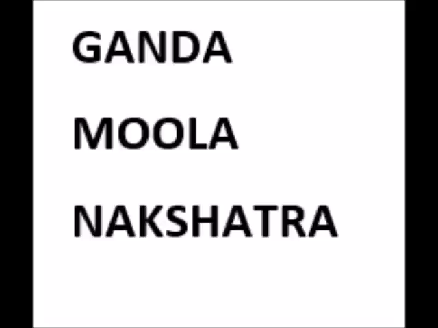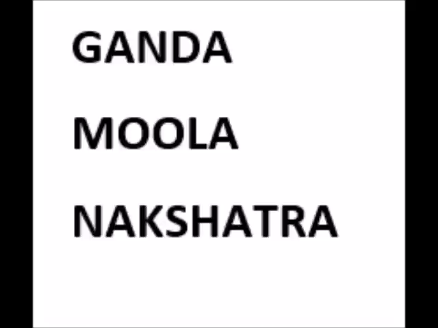Now, many scholars believe that the Ganda Moola nakshatra is extremely inauspicious, completely, meaning that if a child is born between 0 degrees to 13 degrees and 20 minutes in Ashwini, he will bring inauspicious results.